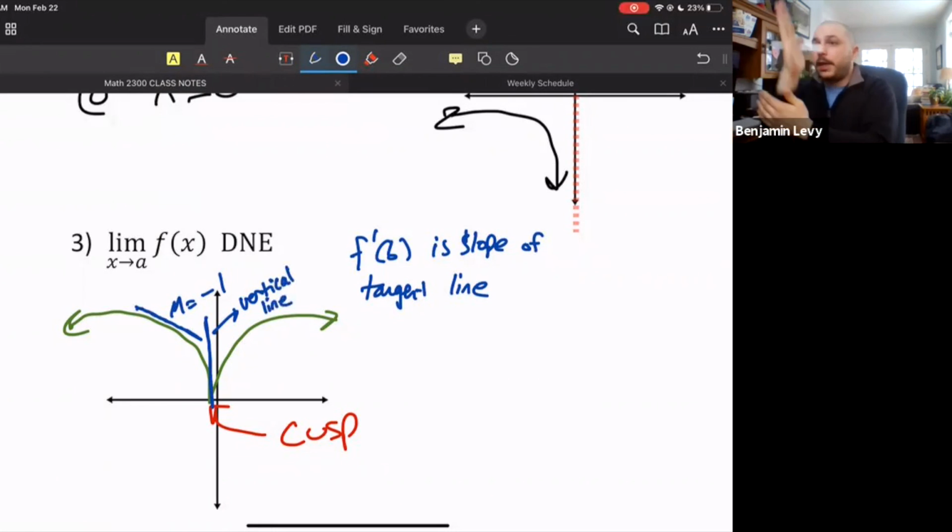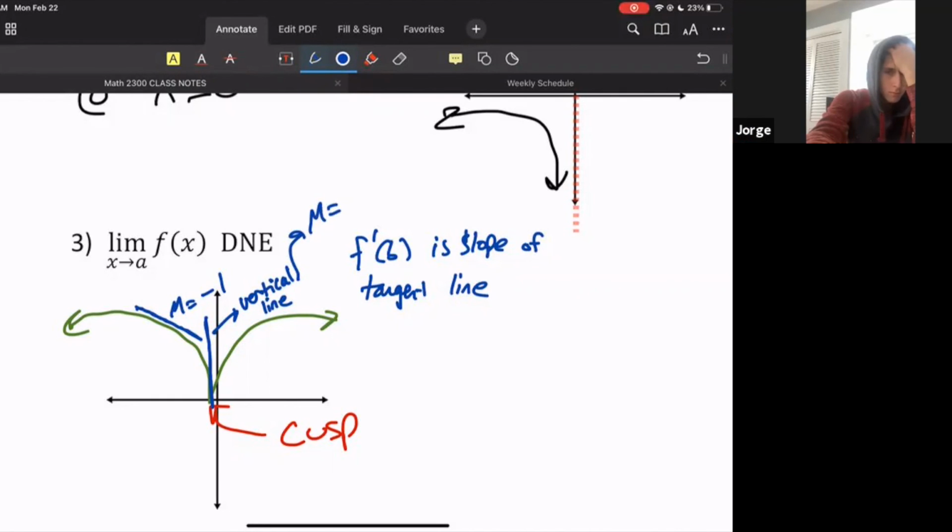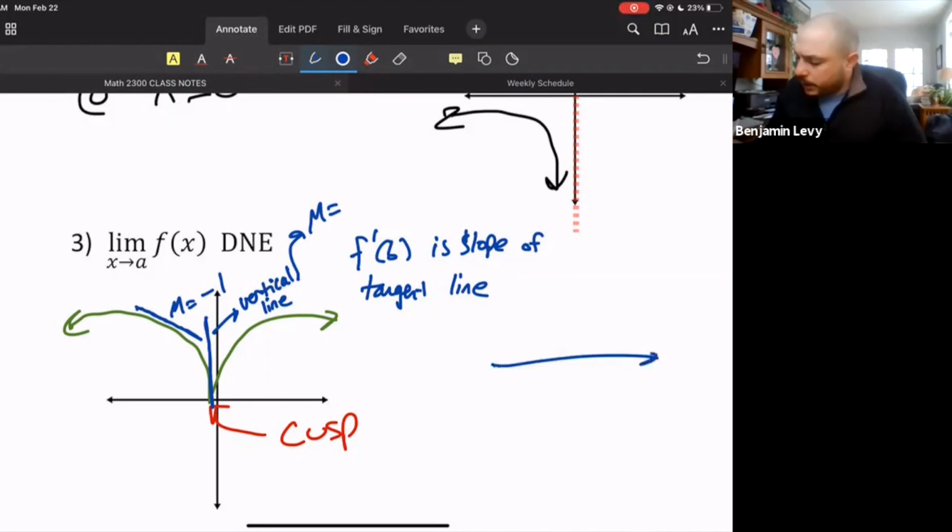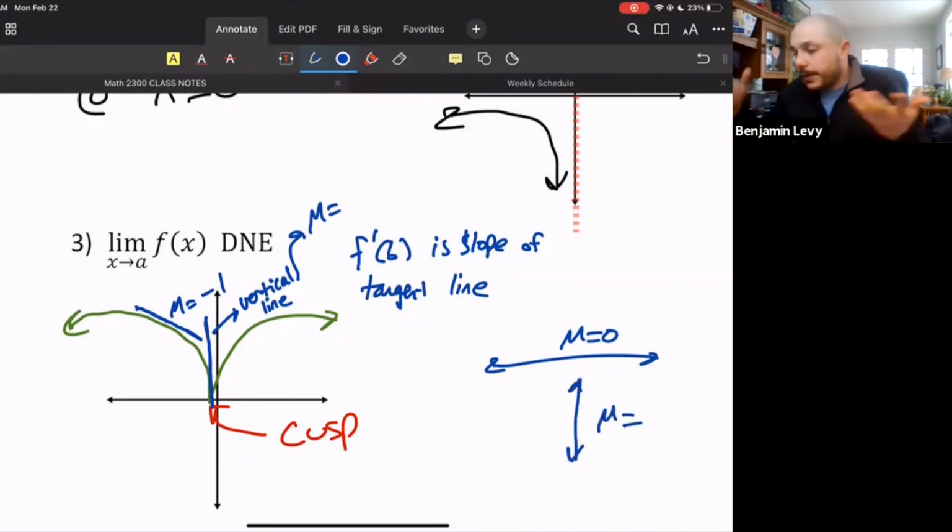at that cusp point. What's the slope of a vertical line? So I think you said 0. If we had a horizontal line, the slope is 0. If we have a vertical line, the slope is like infinity or something, right?